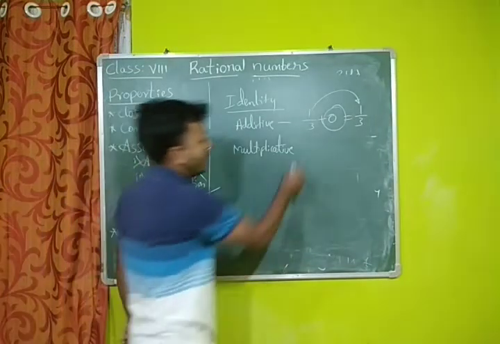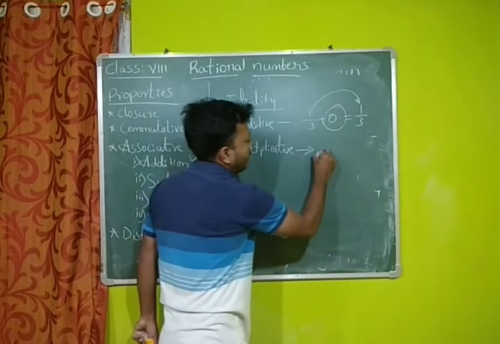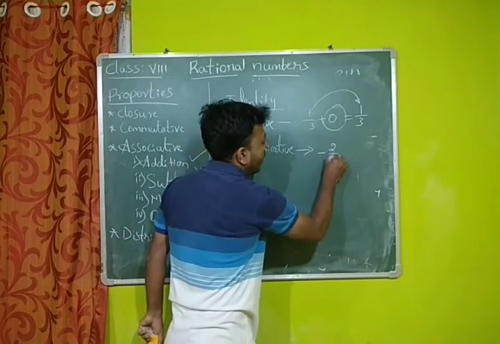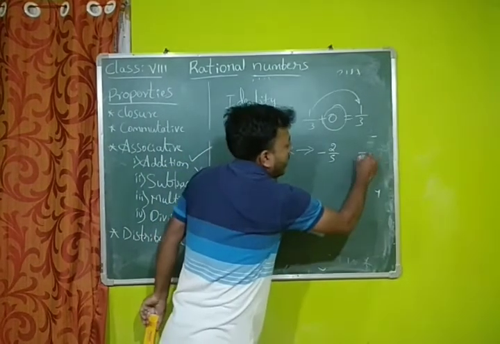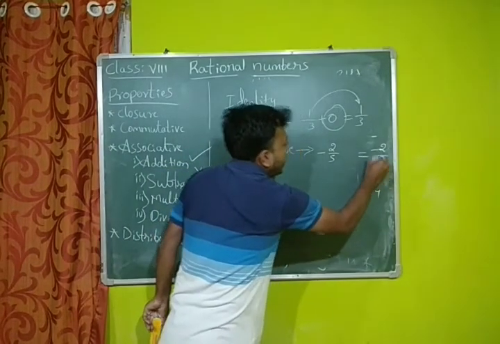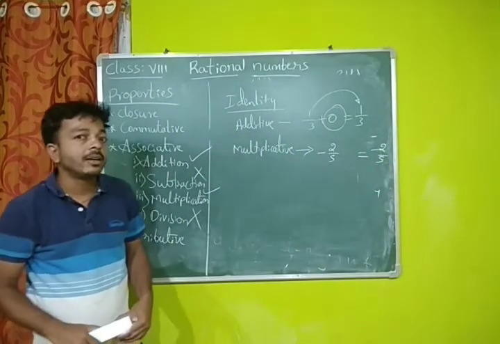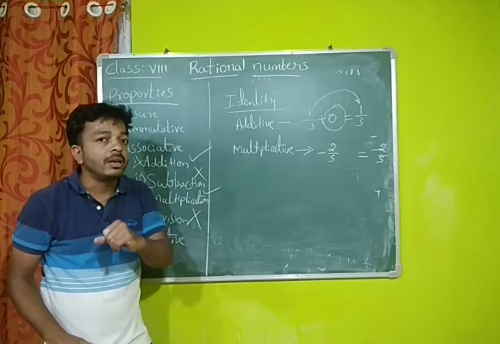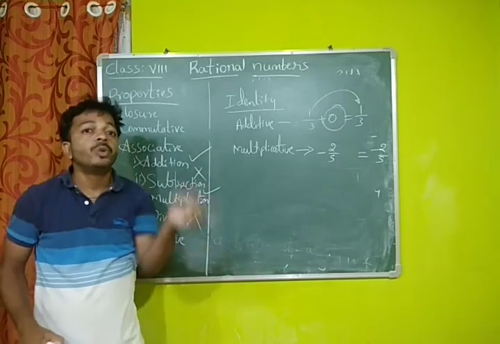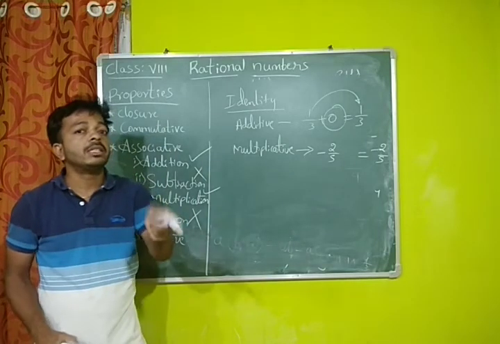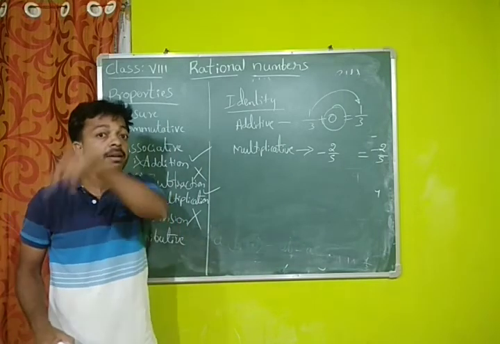In the same way, multiplicative identity. If minus 2 upon 5 is there, what should we multiply to get the number itself? Just check in a table: 2 ones are 2, 3 ones are 3, 5 ones are 5.